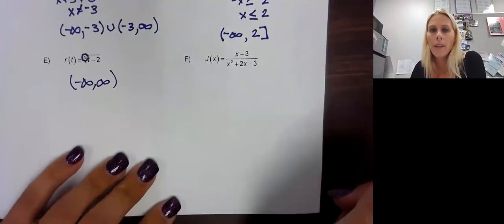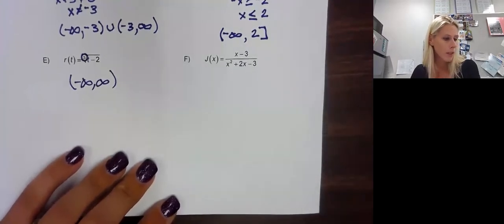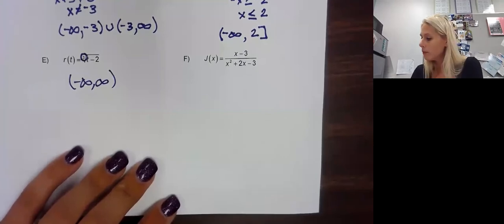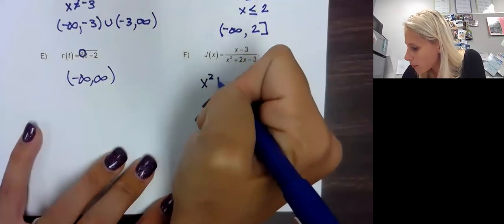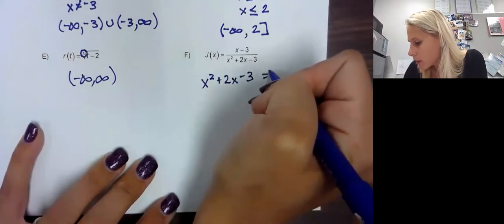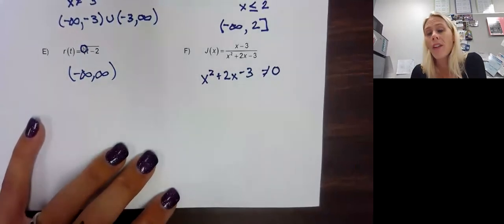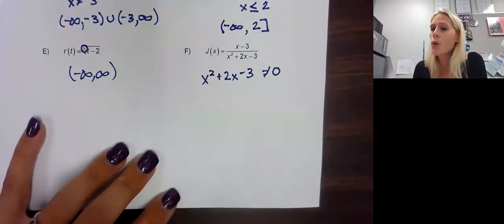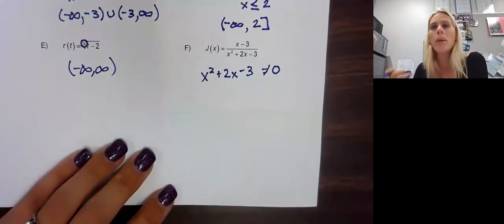F, j of x equals x minus 3 all over x squared plus 2x minus 3. Okay, we do have a denominator, so we have to be careful on that. And no square roots. So we have to make sure that x squared plus 2x minus 3 cannot equal 0. So we're going to have to factor. I'm going to actually factor this pretty quick. If you know that you're still having factoring issues, we need to talk and really build that skill.